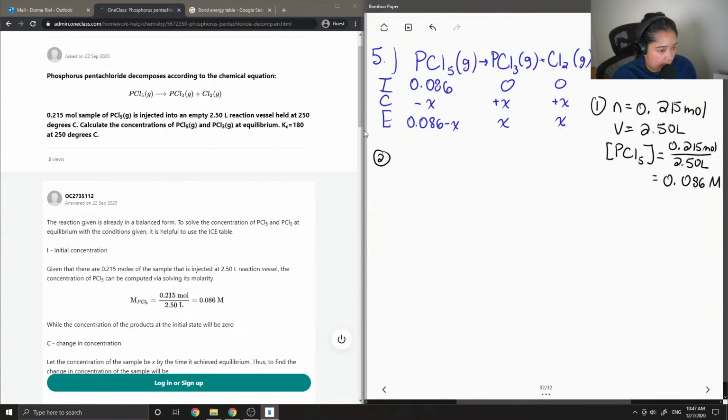Okay, so now let's write down our Kc expression. So Kc is equal to the concentration of phosphorus, it's going to be the products divided by the reactants. So phosphorus trichloride times the concentration of Cl2 divided by the concentration of PCl5.